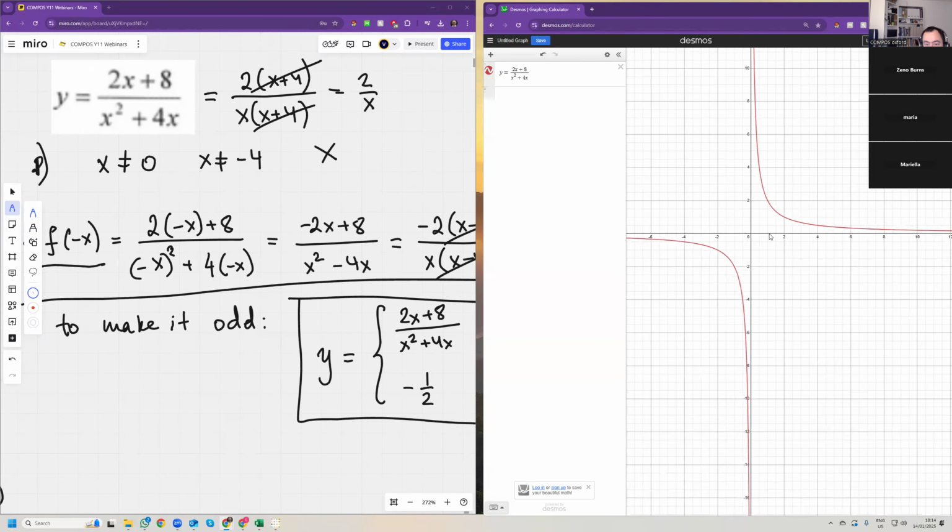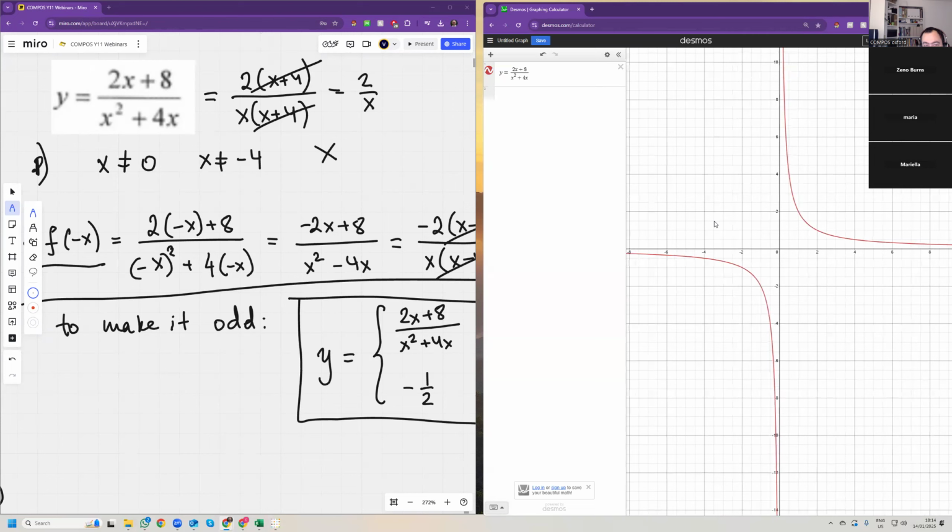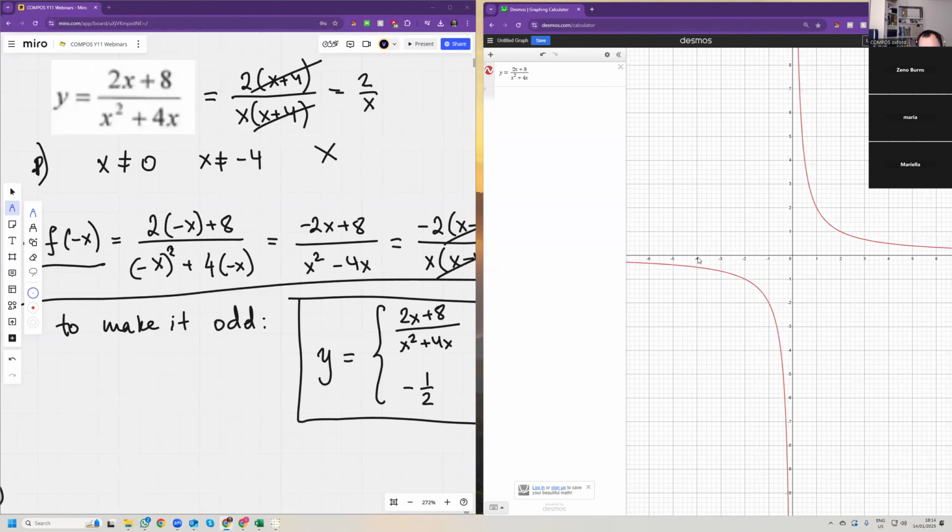So you can see this looks like an odd function. However, if I go to point -4, it's undefined at that point. Whereas here, it's not undefined. So what I need to do is just define the function at that point.